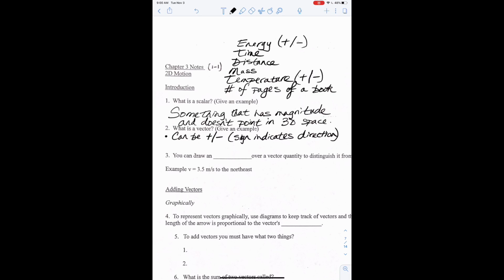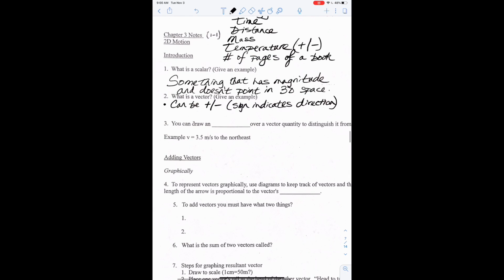So what is a definition of a vector? I guess a definition here would be something that has magnitude and direction, and points in three-dimensional space.